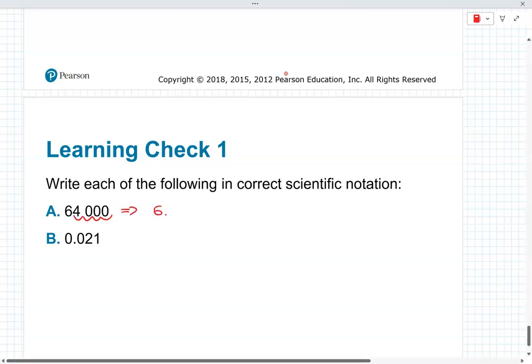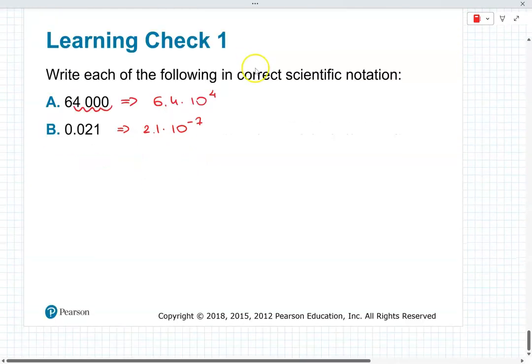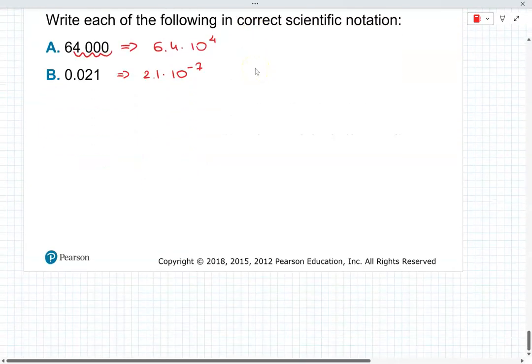And get 6.4 times 10 to the power of 4, right? In case of example B, how many steps should I take? Which direction? Right. Yes, 2.1 times 10 to the negative 7. Good? Perfect.